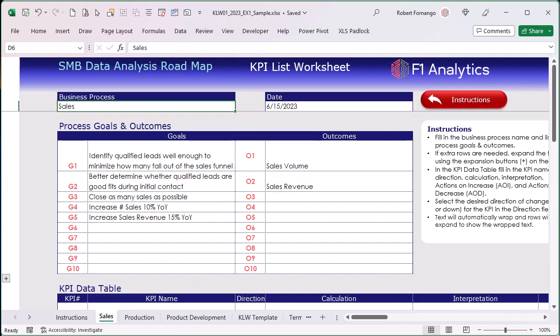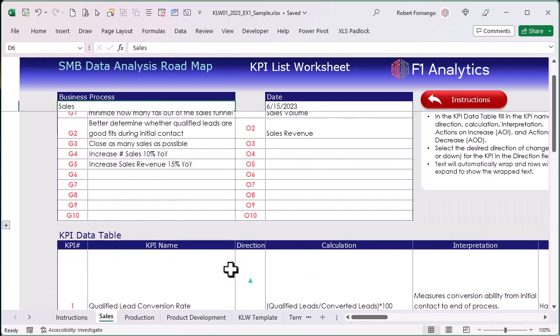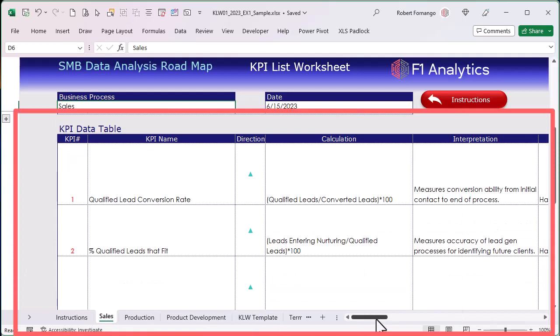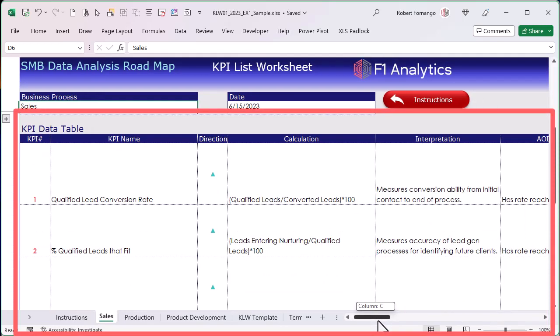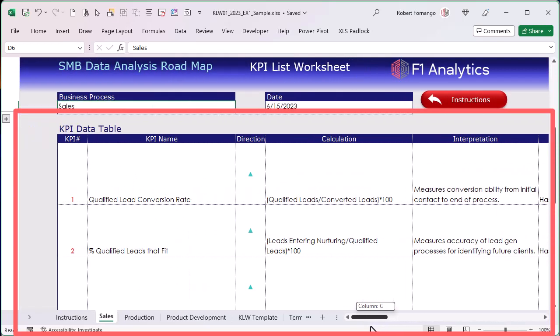The second is to create a list of process goals and outcomes that can be used. And then the third component is the KPI data table, in which you're going to include all the information about the key performance indicators that you're looking at and potentially using for this business process.